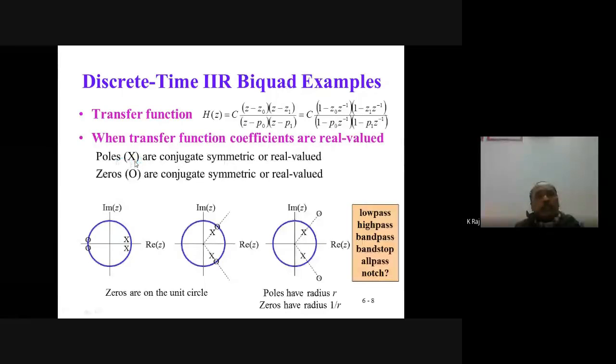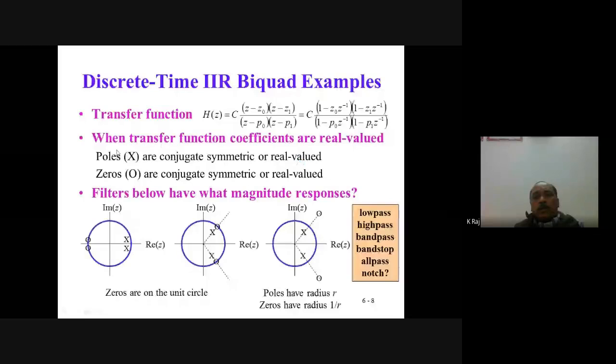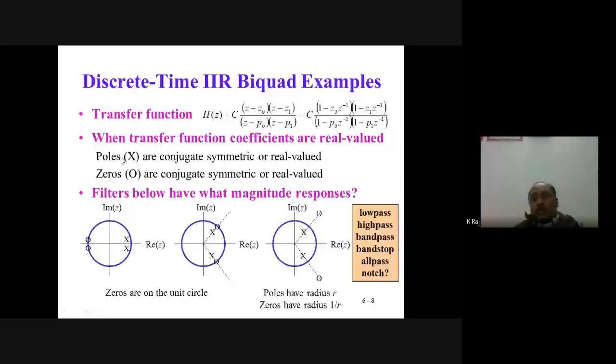Similarly, the zeros are conjugate symmetric when the coefficients are real valued. If both conditions are satisfied, then we can say the filter has real valued coefficients here.